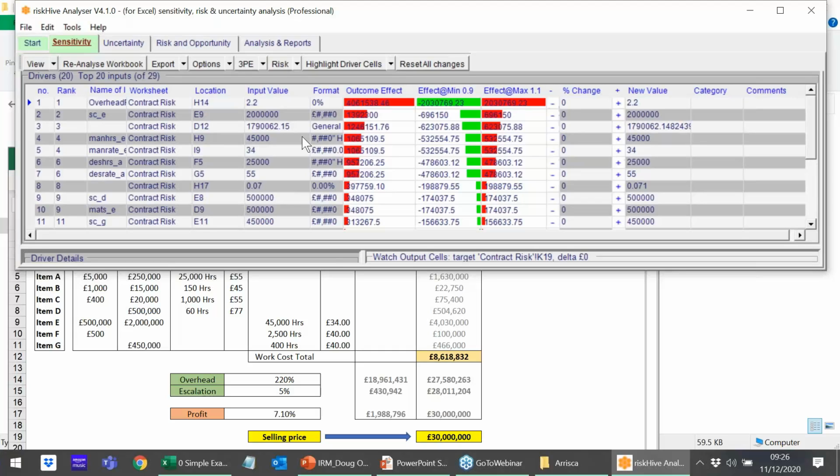At least we've done it. For me, that's a bit of a waste of time, and it's much more efficient to use sensitivity analysis to understand your top 10, 20 or 50 drivers, and then concentrate your Monte Carlo modeling on those.